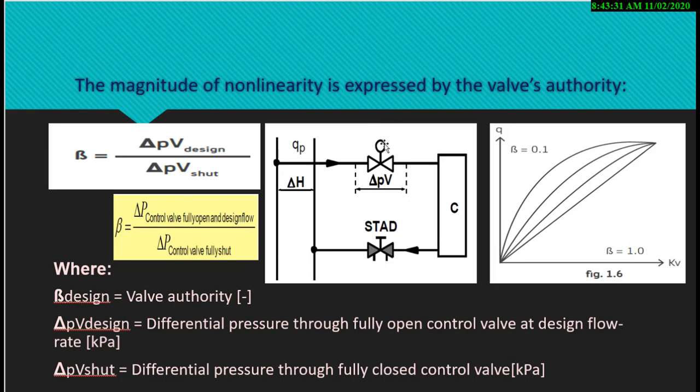So all of our concentration to calculate the beta, the authority, is the relation inside the valve itself. So it is the valve authority to allow the flow or to stop the flow. This formula varies from 1 to 0 or 0.1, which means that the valve is fully closed.